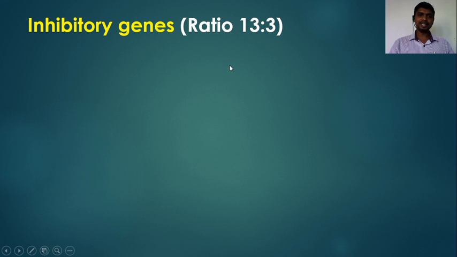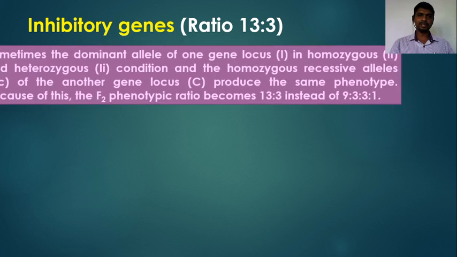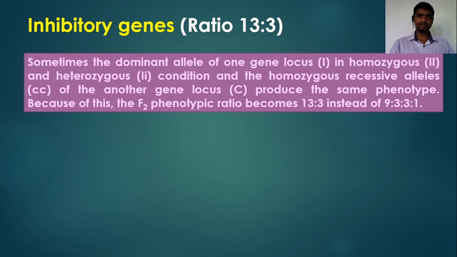In the epistatic genetic interactions, as you know, epistasis is the phenomenon of suppressing or inhibiting the phenotypic expression of one gene by another non-allelic gene. In the same zone we are going to study the inhibitory genes.